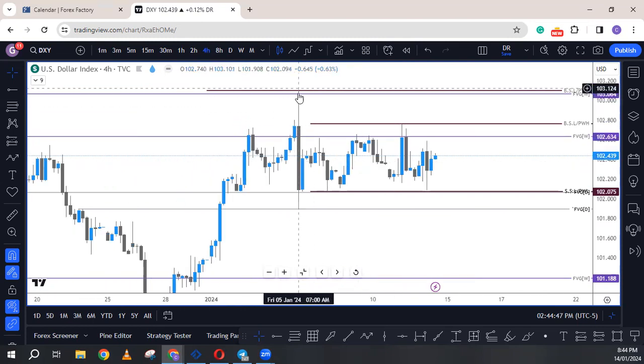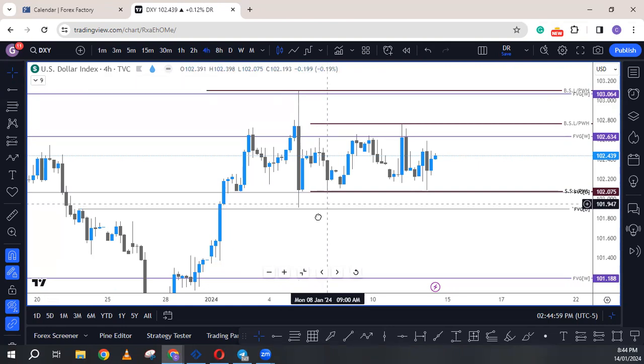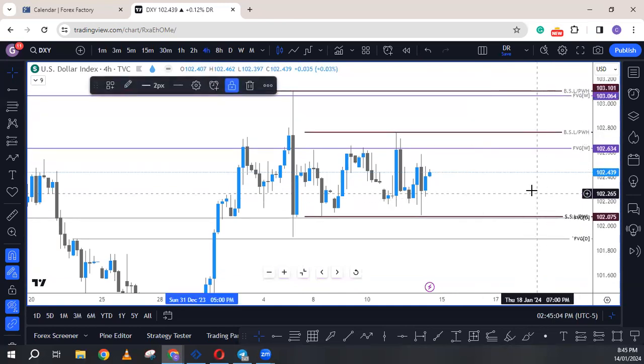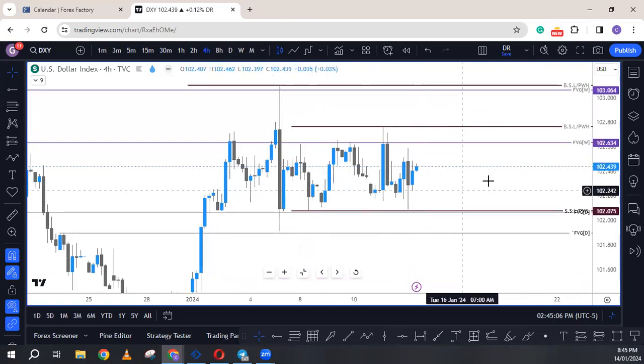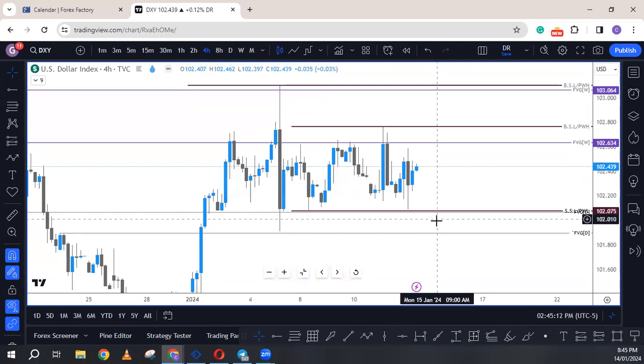So until you have a decisive break either below 101.91 or above 103.10, this is going to range. And when you have a range market, what you do is you look for the highs and the lows. You just play the highs and the lows.